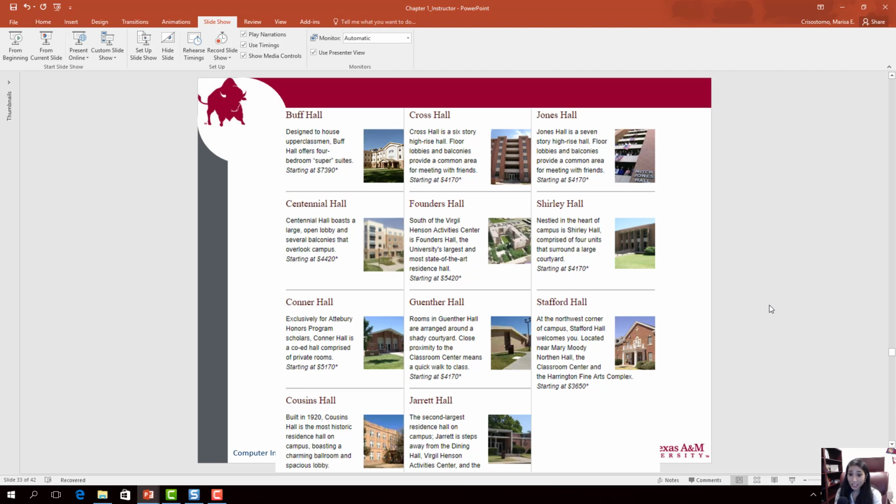I pick Founders Hall, and I will survey everyone in Founders Hall about their views on the resident assistants. So again, with cluster samples, you are dividing up the population into certain clusters, or there are clusters that already exist, and you're randomly picking everyone in that cluster.